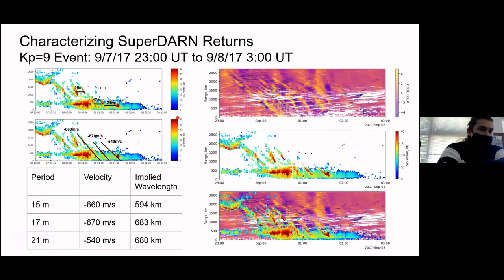From this, you can annotate these plots and estimate the velocity and wavelength. This is the line of sight velocity, found using the slope. So if it's at 2,000 kilometers at 0.15 UT, and then at 1 UT it's at 0 kilometers, you figure out what that is in meters per second.